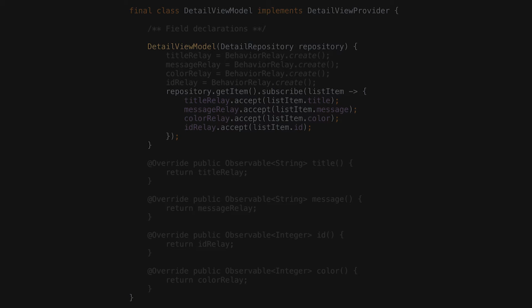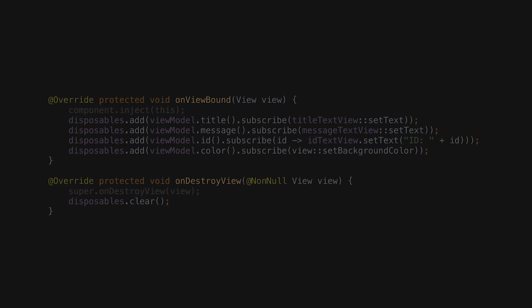And we're subscribing to get the item, and then we are disassembling that item into its pieces and updating our relays ourselves in the view model here. And now the view sees these 4 methods. It subscribes, it sets the appropriate views up like so.